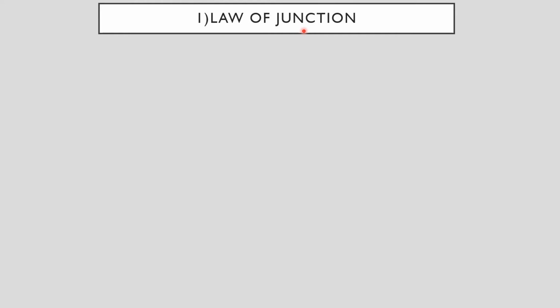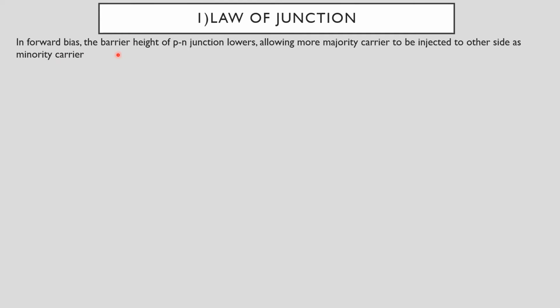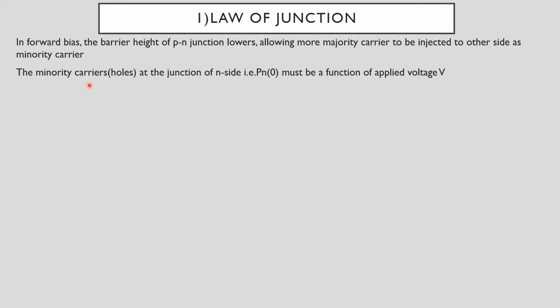Law of the junction: in forward bias, the barrier height of the PN junction lowers, allowing more majority carriers to be injected to the other side as minority carriers. The minority carriers, such as the holes at the junction on the N side, that is Pn of 0, must be a function of applied voltage V.